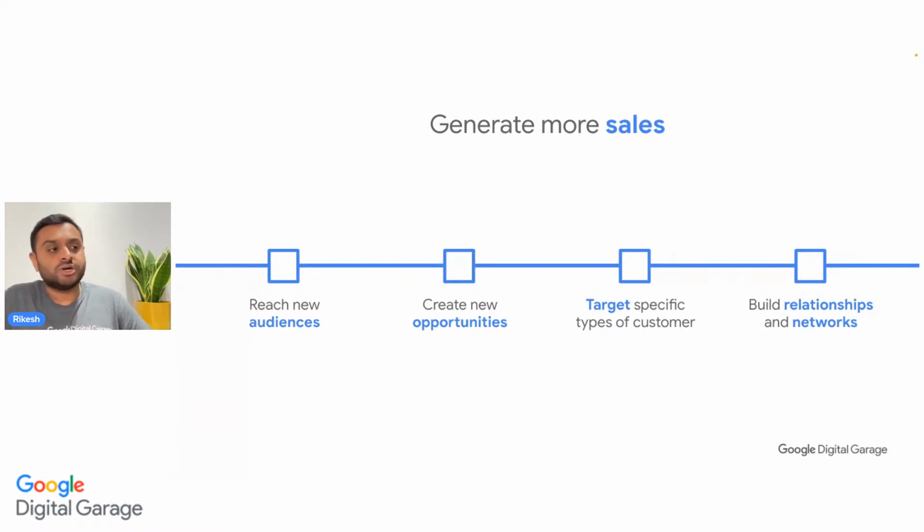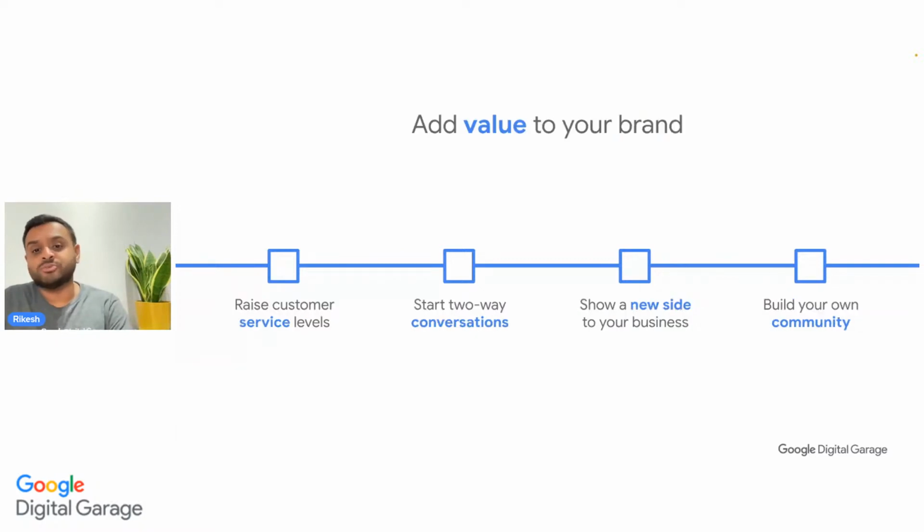And you can also build relationships and networks. You can connect and start to build a little bit of a network for your own organization, just by having that initial presence on social media.